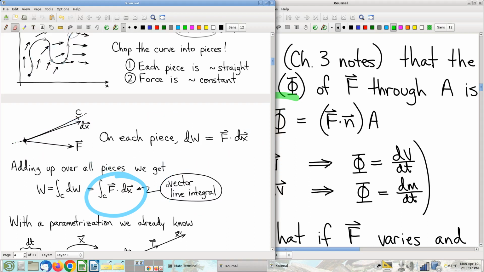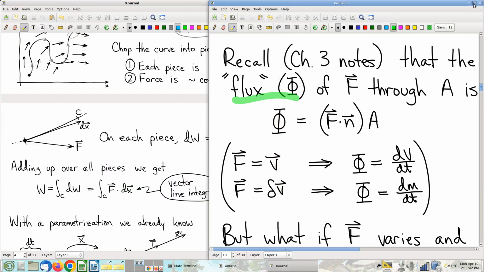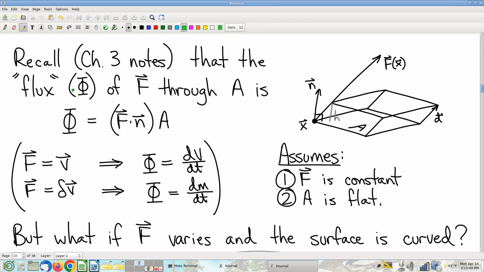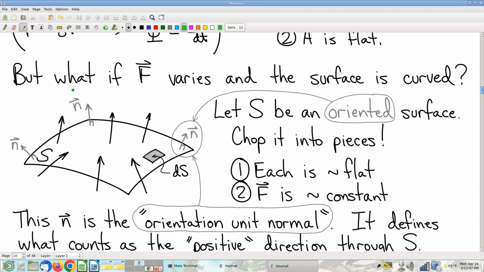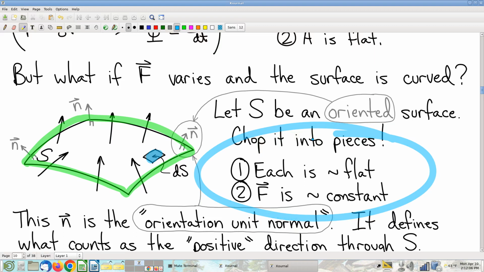Okay, so we're going to do basically the same thing here. We are going to take our surface, chop it up into little pieces. Here's my whole surface. I'm going to chop it up into little pieces and say, hey, let's add up over all these little pieces. In other words, let's just do a surface integral. We've already talked about how to do a surface integral. On each one of these little pieces, well, the piece is approximately flat, and not perfectly, of course, right?